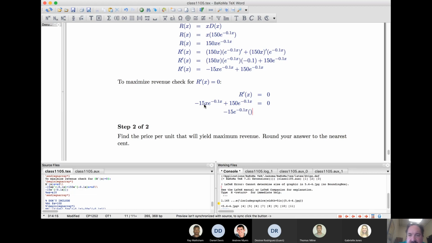And then what's left? Well, here we have just x. And because I factored out a minus 15, it gives me a minus here. And then I factored out a 15 from 150, so that leaves you 10.